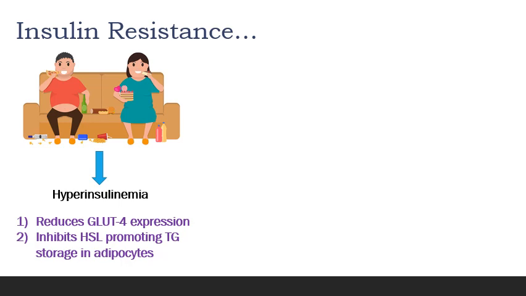The second thing that hyperinsulinemia does is it inhibits an enzyme called hormone-sensitive lipase. If this enzyme gets turned off, which is what happens from insulin, triglycerides are moved into storage rather than being used. Visceral adiposity results from this.